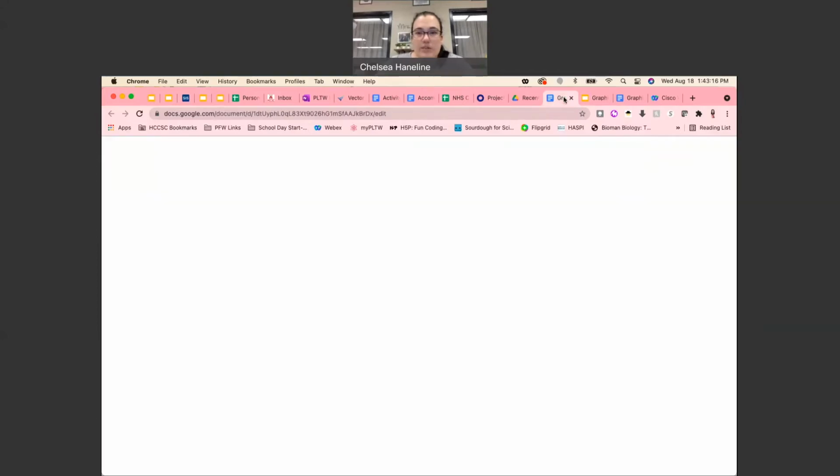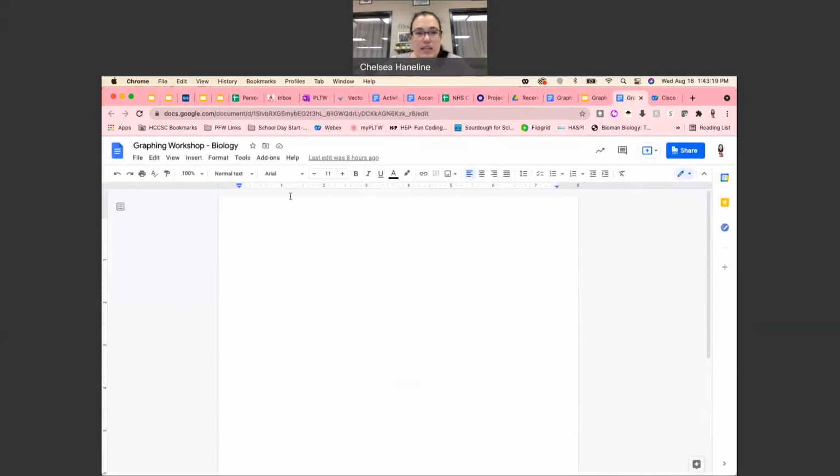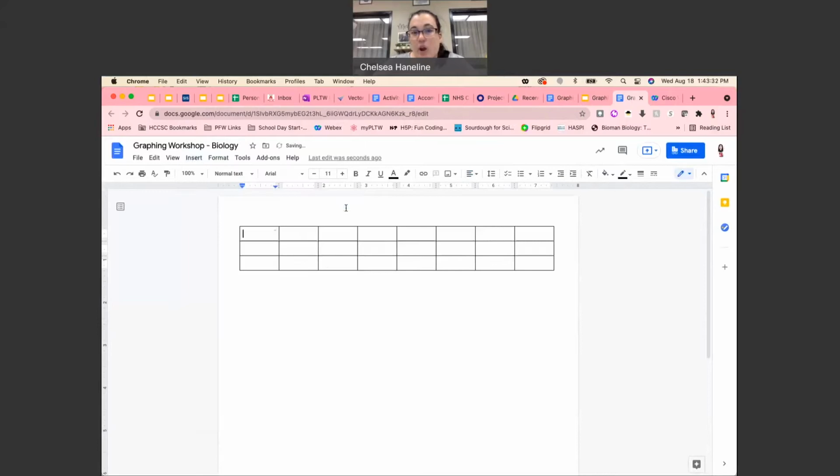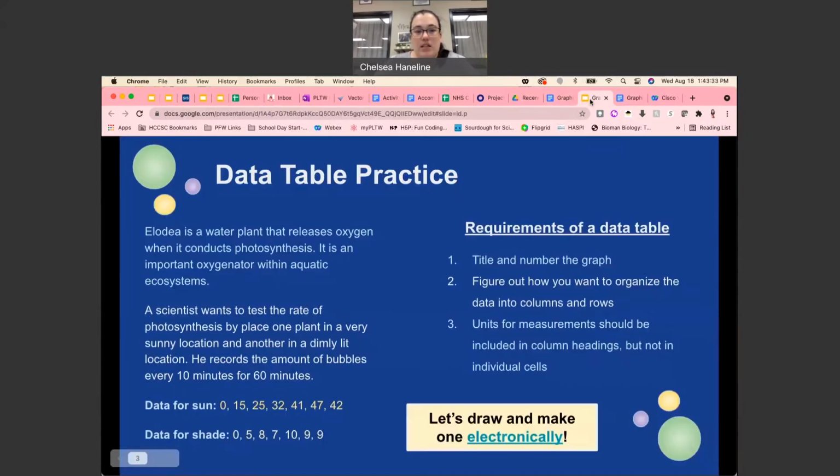So what we're going to do is insert a table that is 8 by 3. We know that it needs to be 3 rows because there are two different experimental groups here, sun and shade, but we need a title for that, and so we need to add a third one.